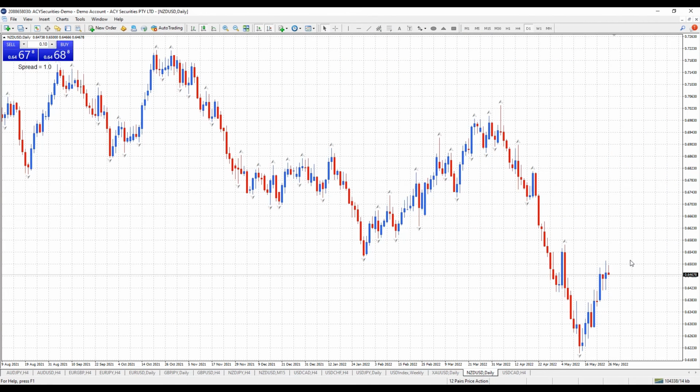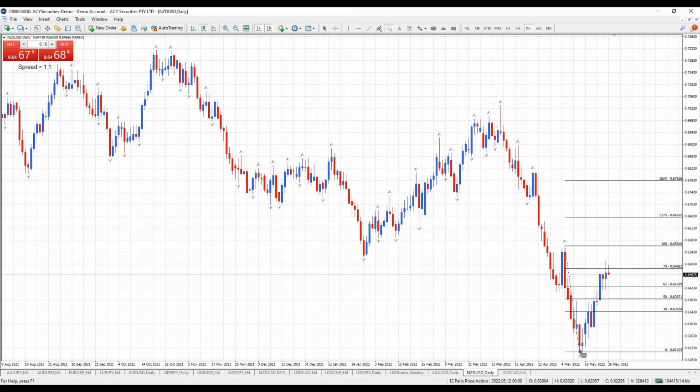Alright traders, so here I am on the New Zealand dollar day chart. This is in a downtrend. It's making lower tops and bottoms, lower top to a lower bottom. So get your fib tool, left click, this time draw it from high to low, left click drag to the low, let go, and what we can see is the price has moved down.